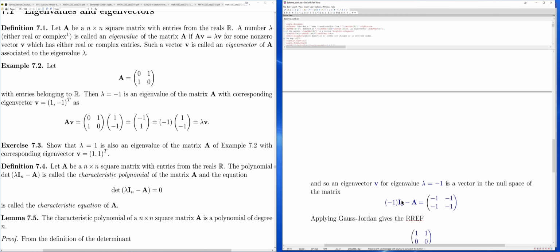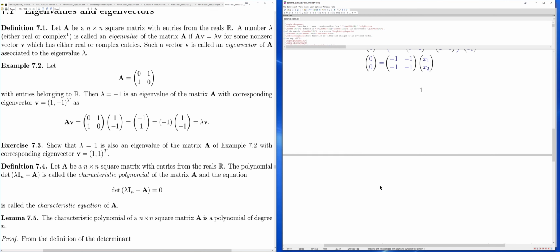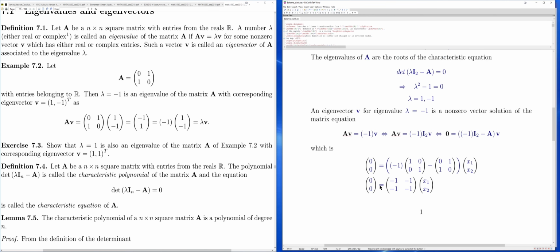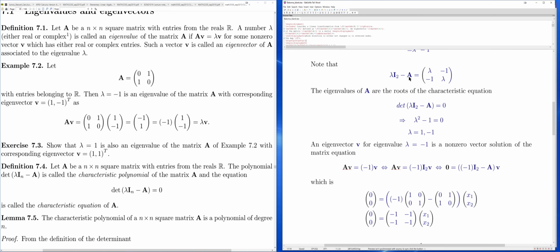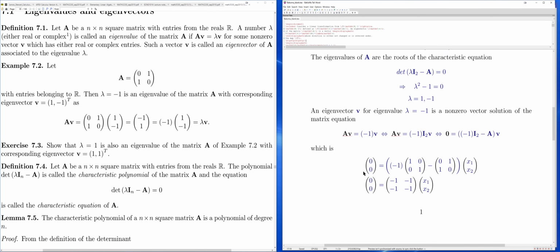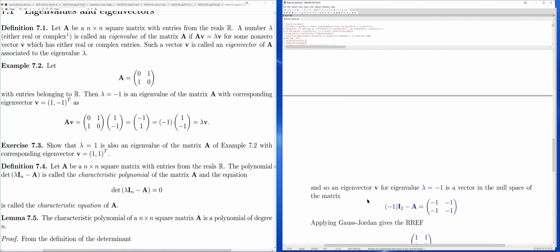You take your lambda I2 minus A, put minus 1 into it, and you get this matrix, and your eigenvector is a non-zero vector in the null space of minus 1 I2 minus A, which is this matrix on your right hand side.